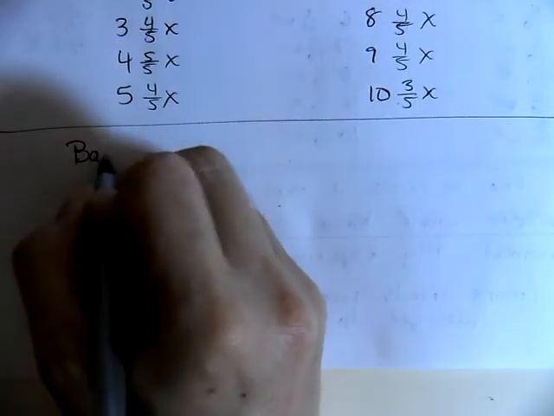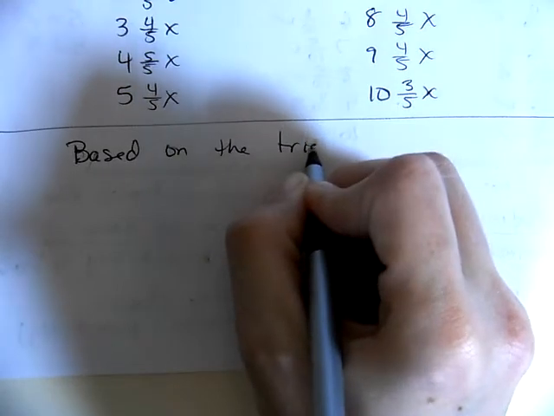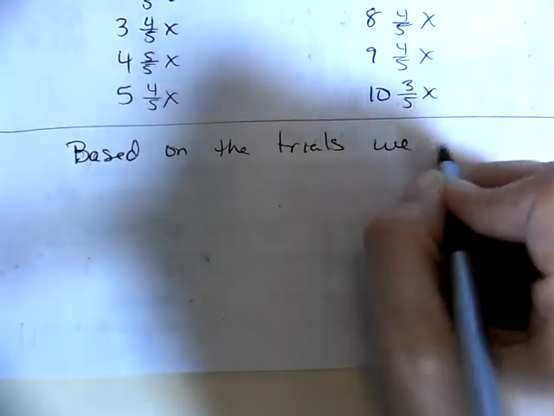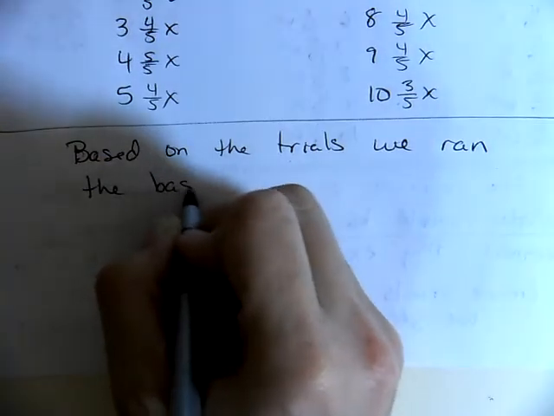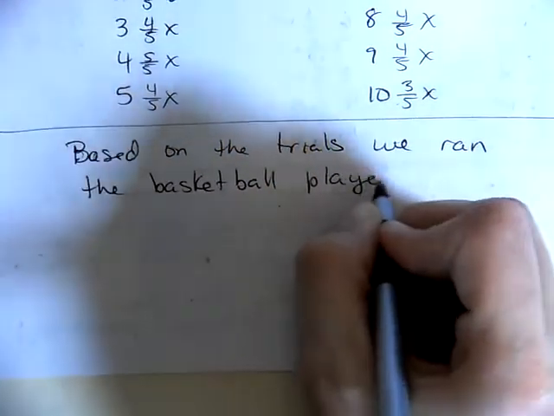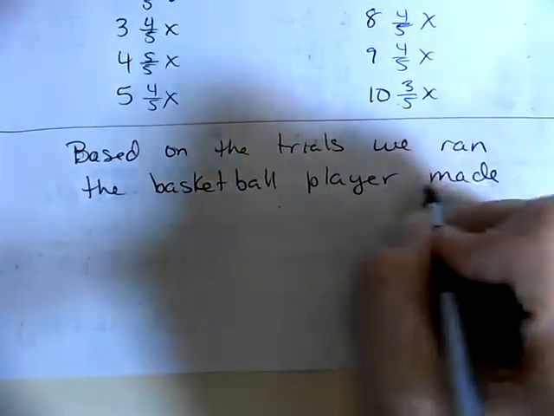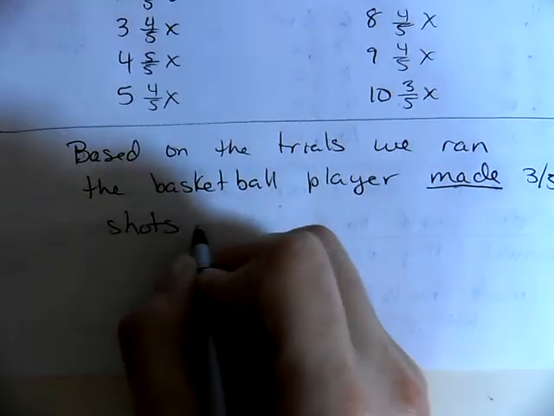So based on the trials we ran, the basketball player made 3 out of 5 shots.